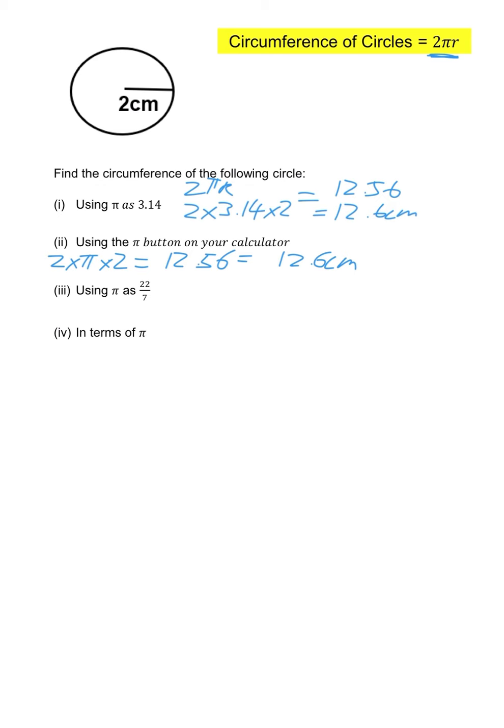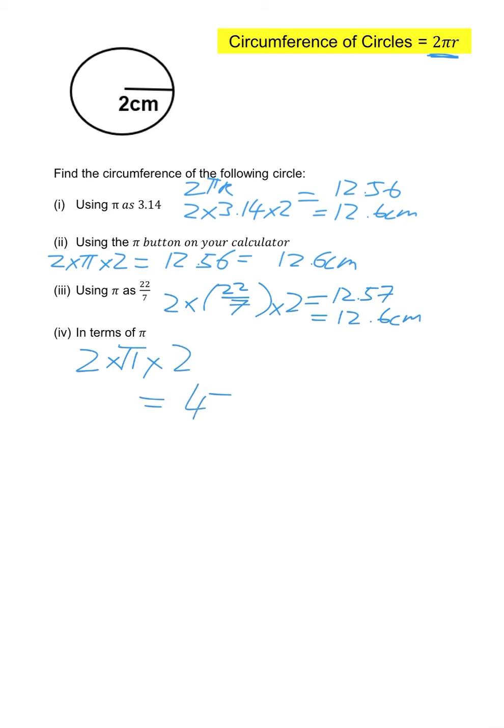Then using pi as 22 over 7, we'll have 2 times 22 over 7 times a radius of 2, and then that'll be 12.57, which again will be 12.6 centimeters. Finally, in terms of pi then, so 2 times pi times a radius of 2, and that is equal to 4 pi. And sorry, I'll just put centimeters in with that.